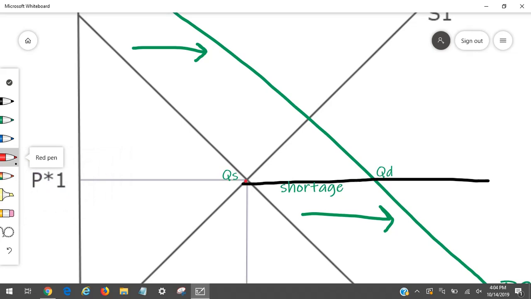So my QS was here, but as the price goes up, the quantity supplied increases along the given supply curve. And then as price goes up, quantity demanded moves this way, upward along the demand curve, until they meet at the new equilibrium. Okay.